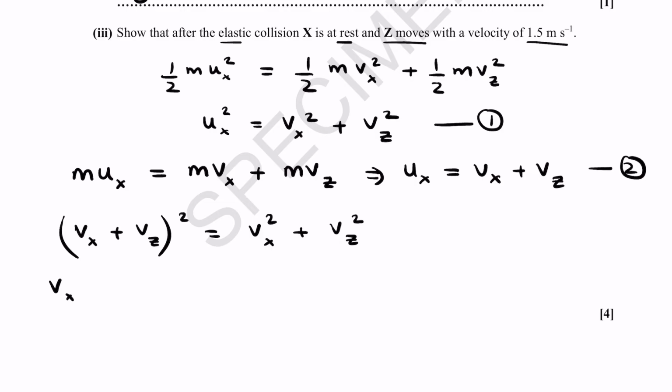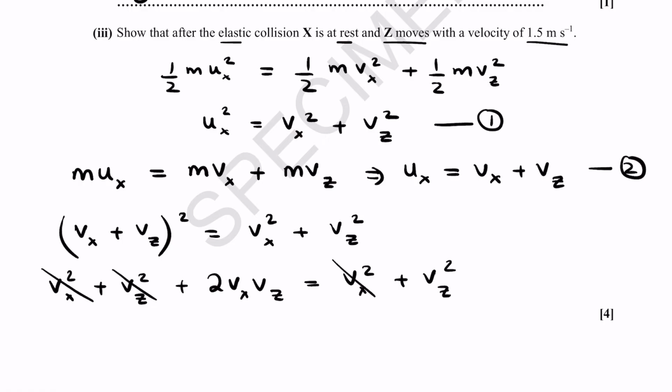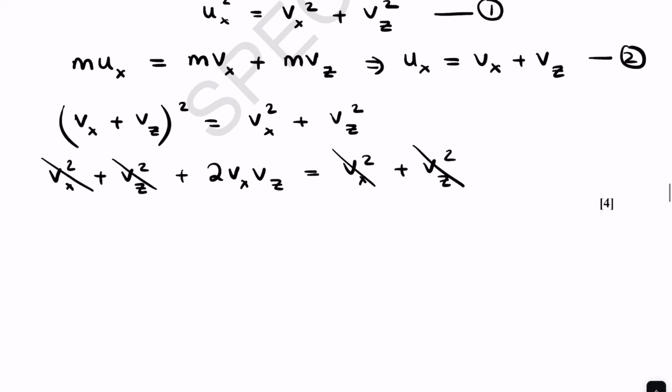When you expand this out, things will cancel out quite a lot, and you'll be left with simply 2VxVz equal to 0, which means that if Vz is 1.5 meters per second, then Vx is going to be equal to 0.